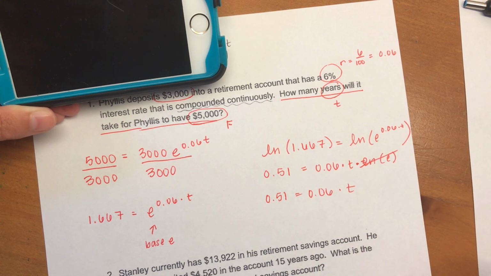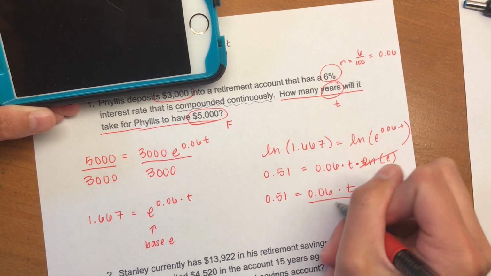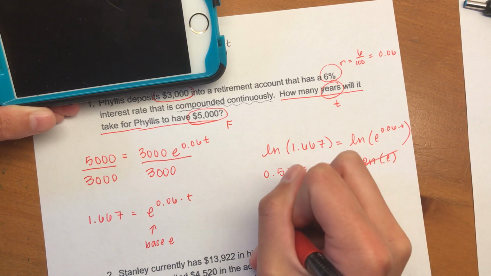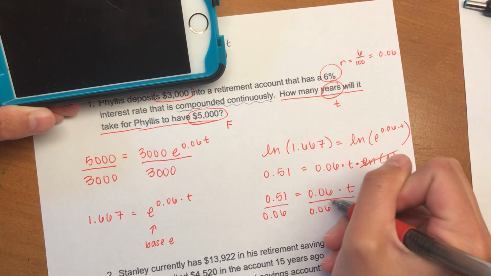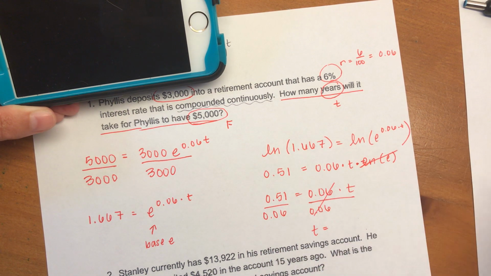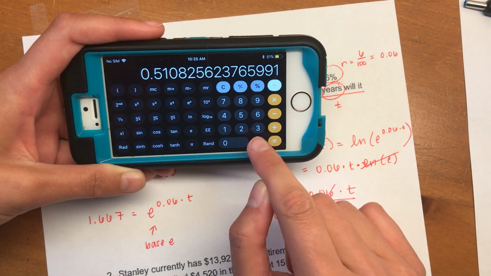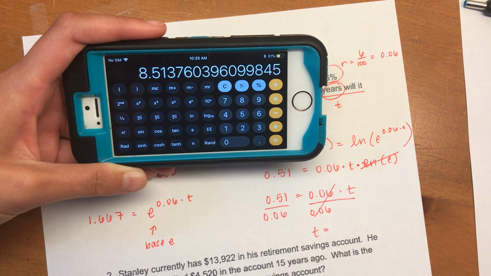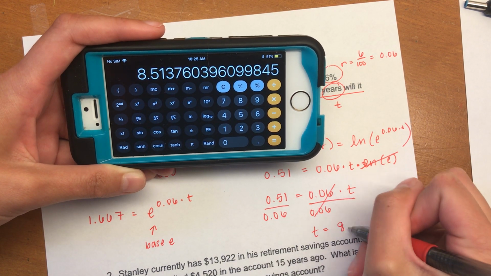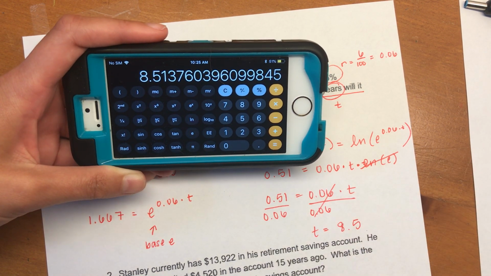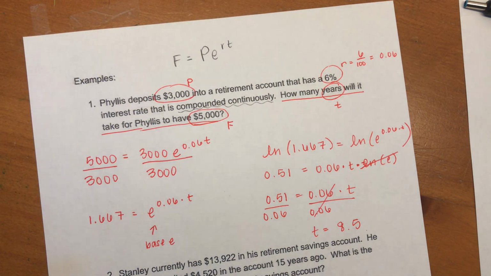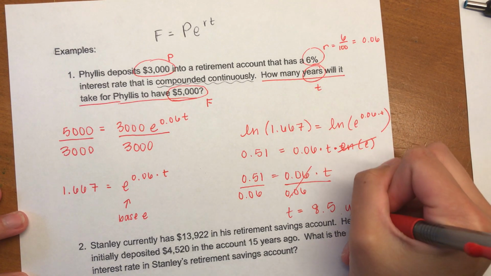In order to get t by itself, I'm going to divide both sides by 0.06. And I will get t equals, and I'm going to go to my calculator again, 0.51 divided by 0.06. And I'm going to get t equals 8.5 about. And we know this is going to be years.